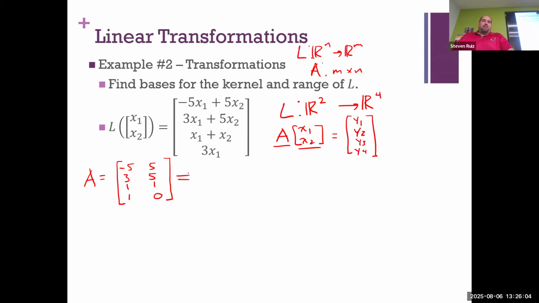So I would like to find the kernel of L. How do I do that now? What can I do to A to find that kernel? Yes, you're going to reduce it, but then what do you care about when you reduce it? I want to find the null space of A. After you reduce it, the bottom 2 rows at least have to be all zeros.